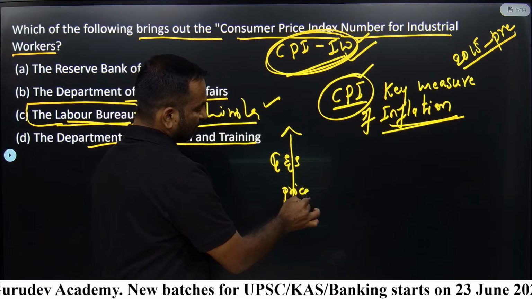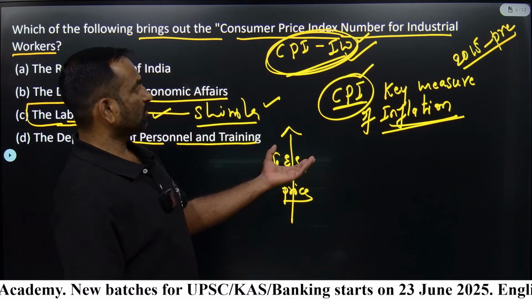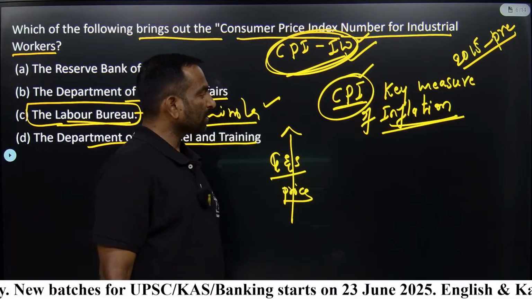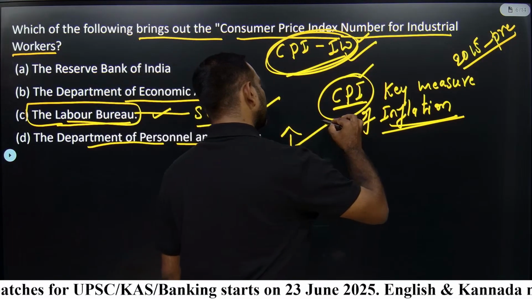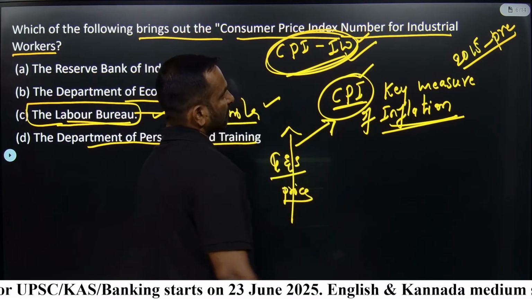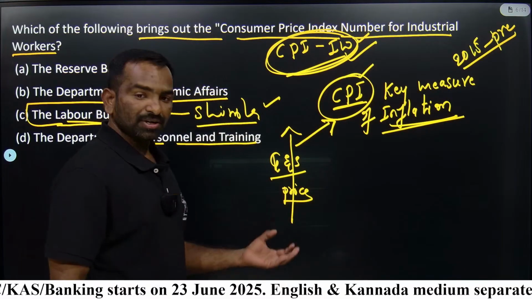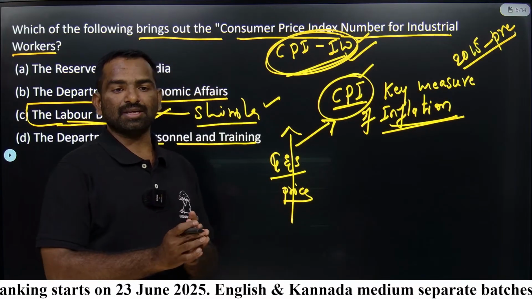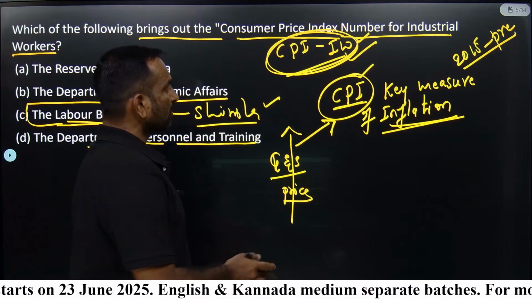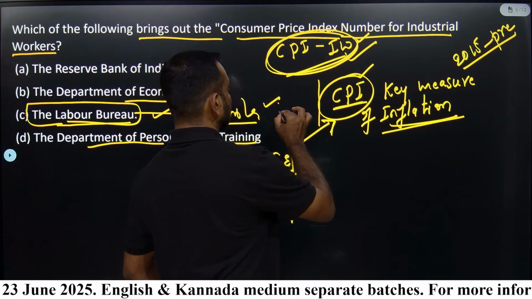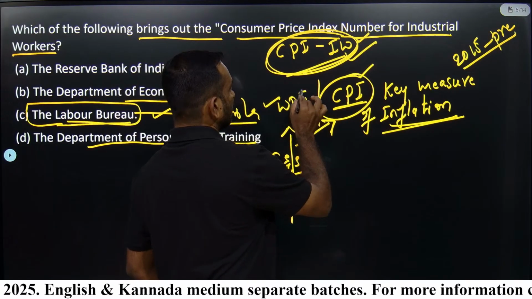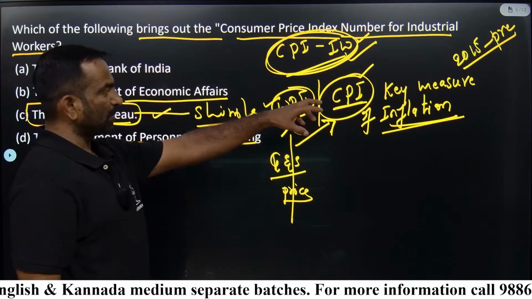The price rise of goods and services in the market is known as inflation. And the CPI is the indicator of the inflation in the economy, as is the WPI.